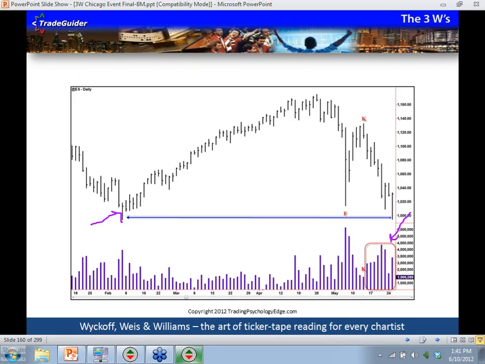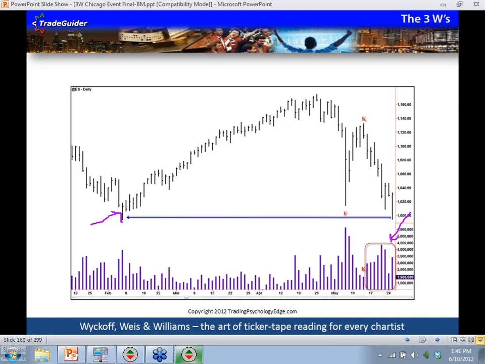Markets tend to move from support to resistance and back again. So it's really helpful to know these levels in advance and have them, if not on your charts, somewhere in your notes. If the market starts coming down to that area, you want to be aware that the market can potentially stop there.